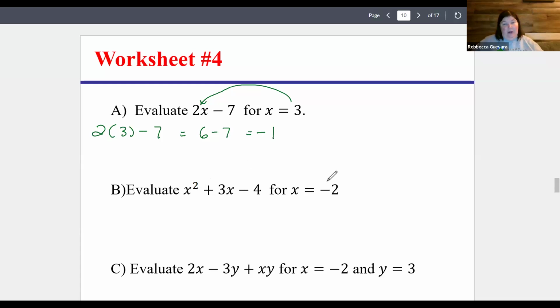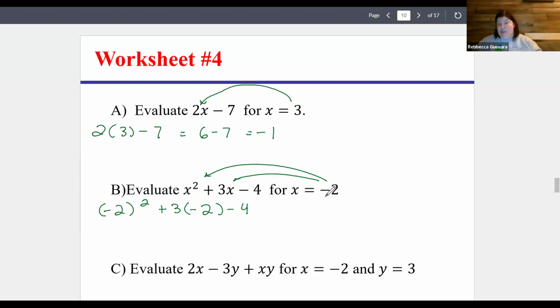So for B, all my x's are replaced with a negative 2. So any place I have an x, I'm just going to put some parentheses there. And know that all these places are like empty spots, and we're just putting something in there so that empty spot is filled with a -2, because that's what we said it can be.